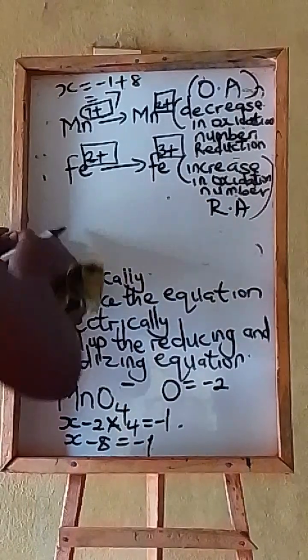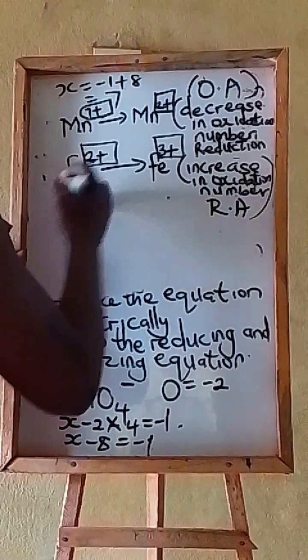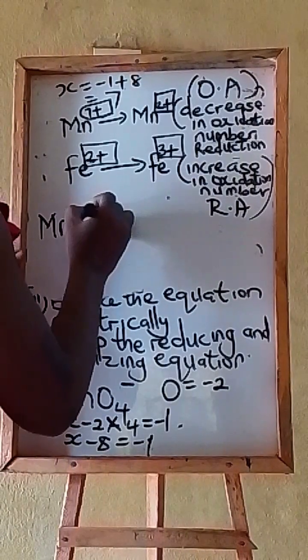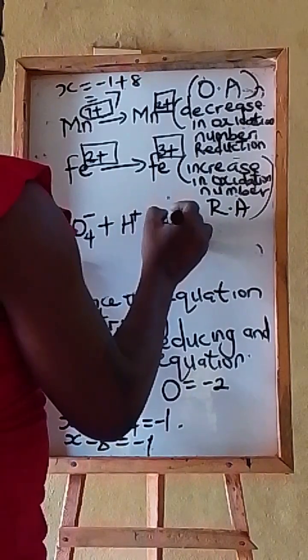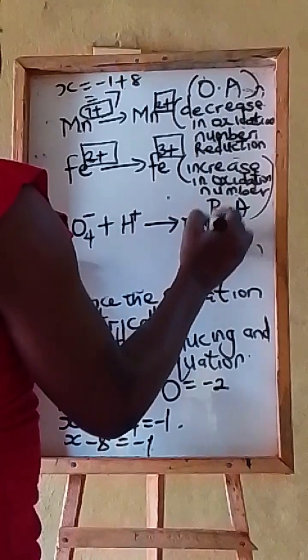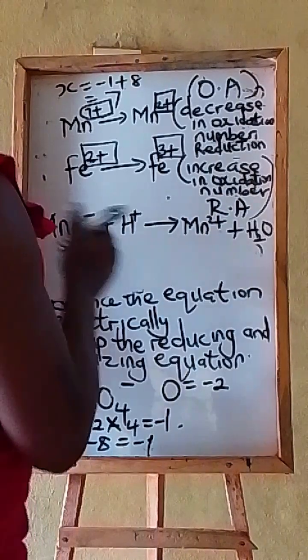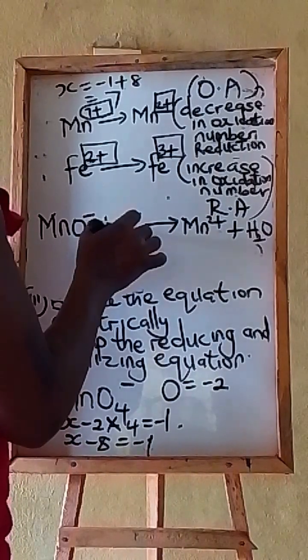The next thing to do is you now balance atomically. MnO4- plus H+ to give us Mn2+ and H2O. Remember, it's an acidic medium.